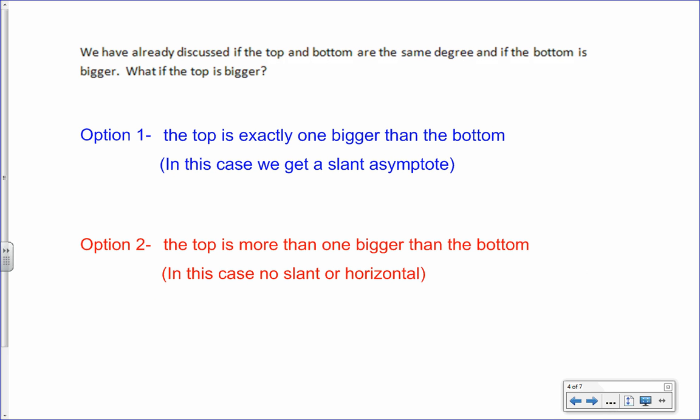In this case, there is no slant or horizontal. Again, these are shortcuts I'm giving you here in finding these asymptotes. Doing it more by hand is more finding an inverse and going from there. And we'll talk hopefully about why that happens so we can figure out these for ourselves instead of having to remember these shortcuts all the time.